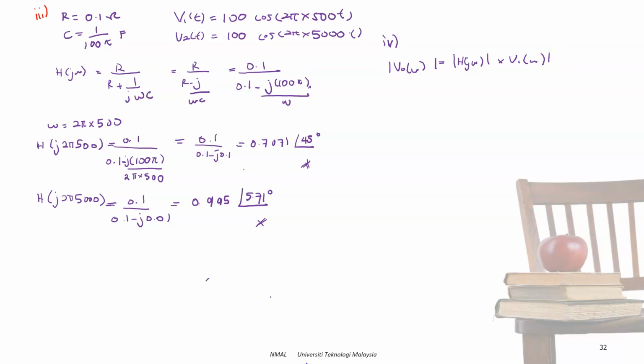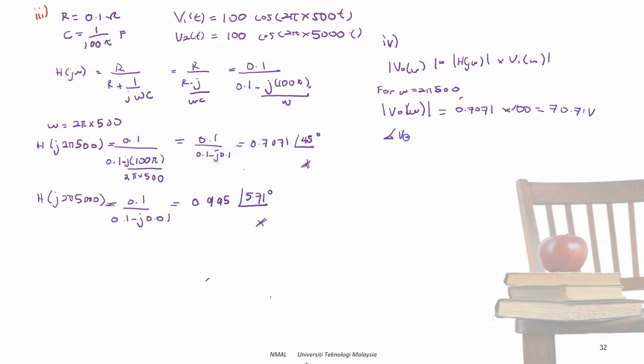Okay, so for omega equal to 2 pi 500, V0(omega) equal to 0.7071 multiplied by V1(omega), which is given as 100 here. So multiply by 100, we will get 70.71 volt.